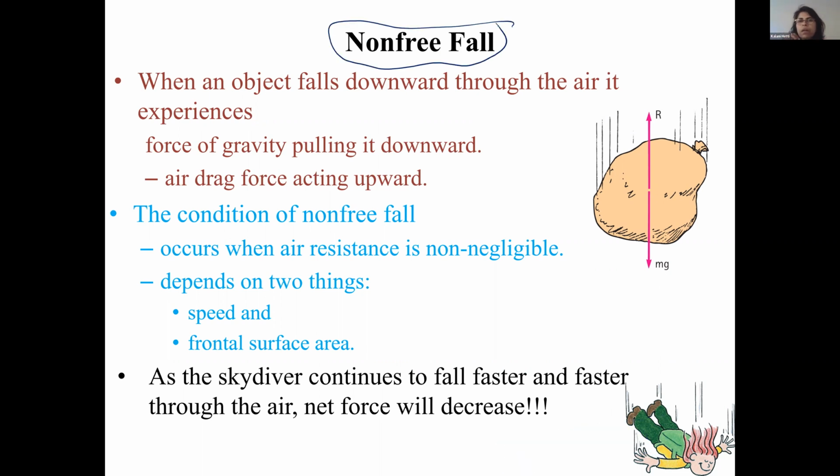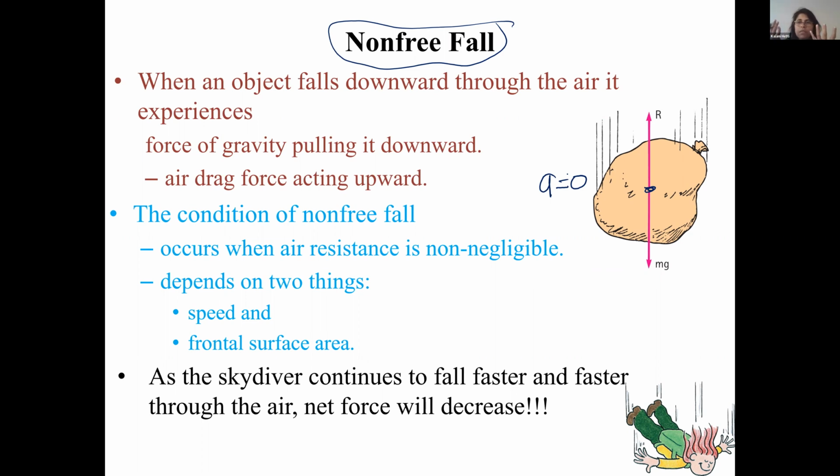When there is non-free fall motion, your object keeps falling with air resistance. As the object falls, the air resistance builds up in the opposite direction. Because of that, your object is going to slow down, and after some time these two are going to be equal to each other. Then there is no acceleration. It will turn to acceleration 0 after some time.